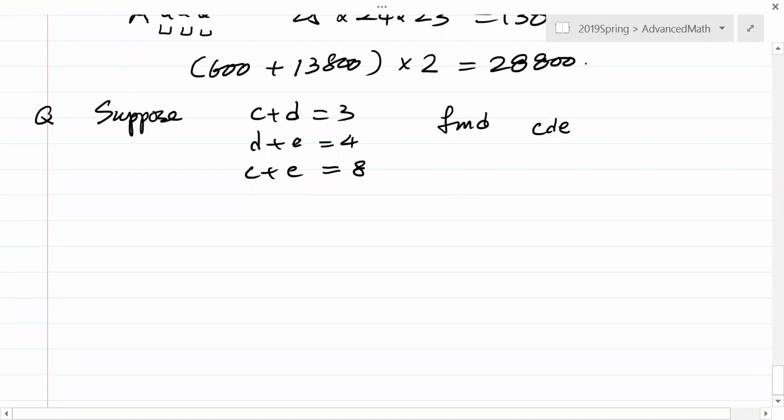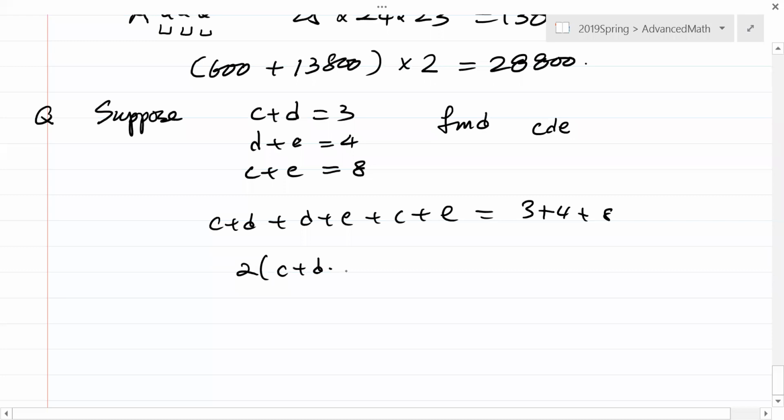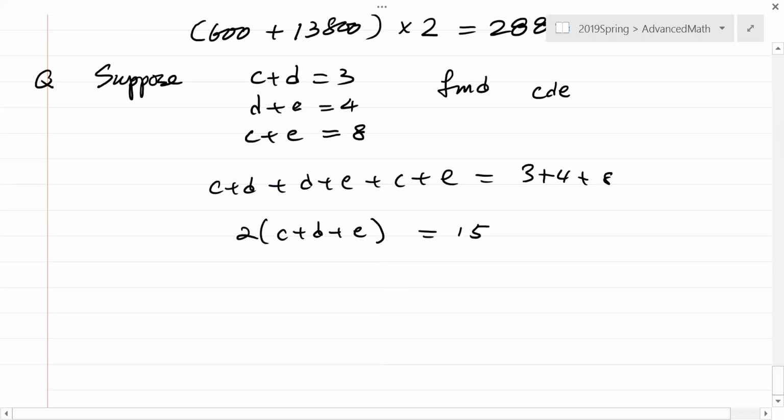And now you have to find the product of C, D, E. So what you do is you add them together, and then you get C plus D plus D plus E plus C plus E, which is 3 plus 4 plus 8. So twice C plus D plus E is going to be 15 here, right?